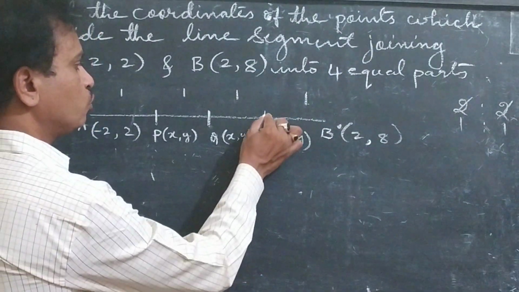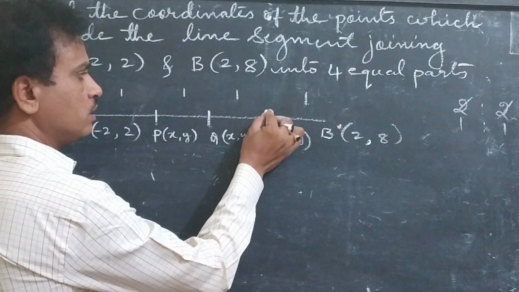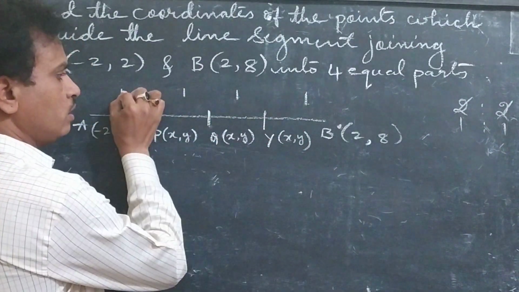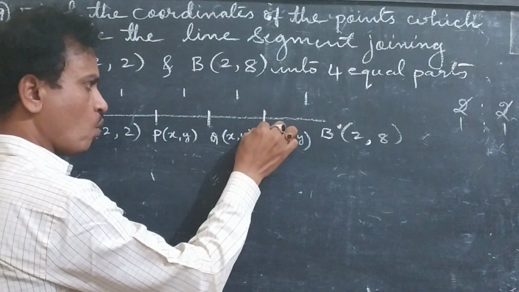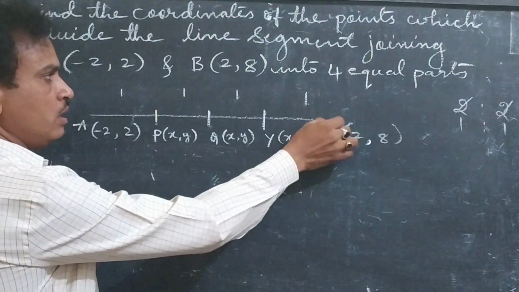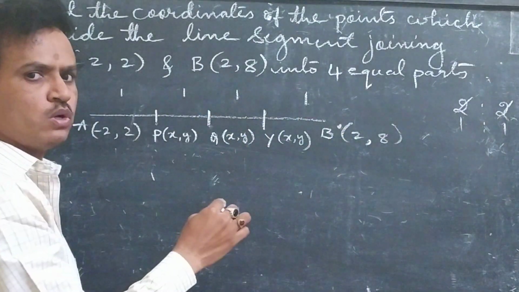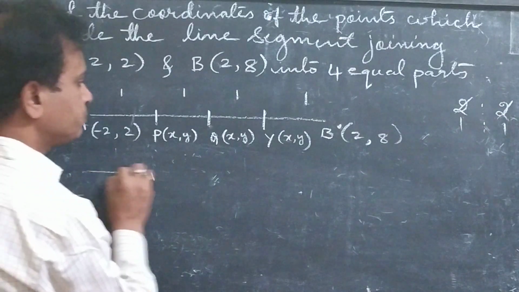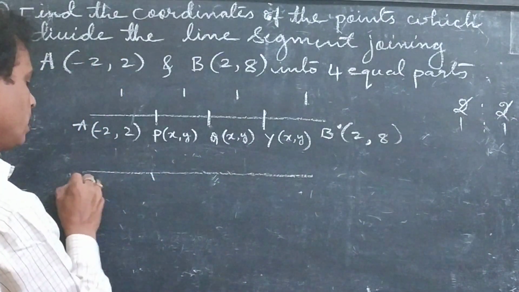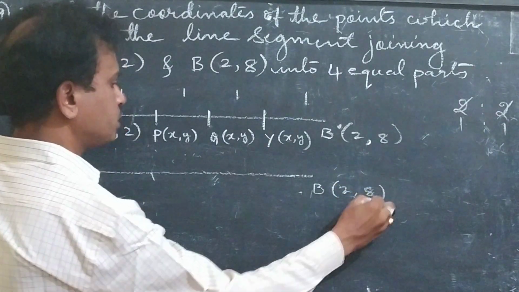Next we should find the coordinates of point R. That means this side 1, 2, 3. Point R divides the line segment AB in the ratio 3:1. Here A is (-2, 2) and B is (2, 8).